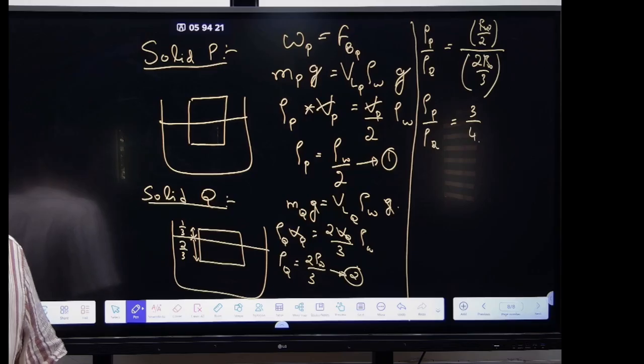RB is the radius, DB is the diameter. It can be taken as 10 square. What is 10 square? 100 divided by RA square or DA square, whatever the case is. Take it as 5 only. So 5 square is 25. So it is 100 by 25.